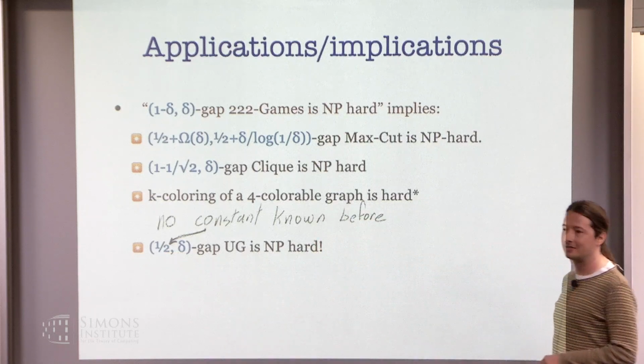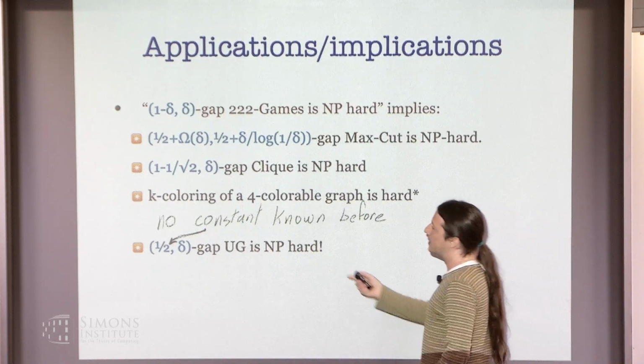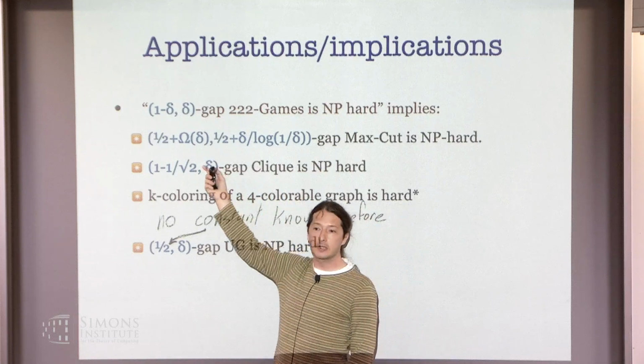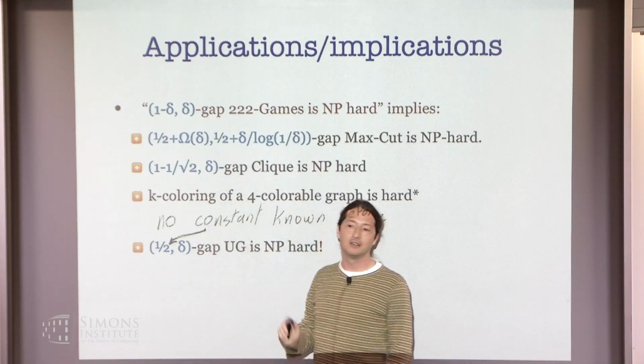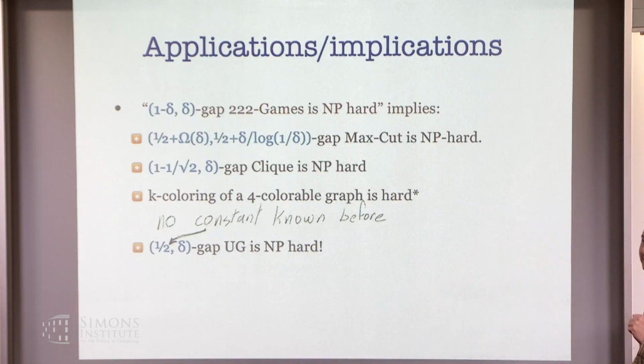Yes? You say less than optimal. I mean, we don't know, right? This could be optimal or no? Sorry, what is less than optimal? You know, for the gap clique, for example. It's less than optimal in the sense that if you assume the unique games, you get something stronger. Right. Less than the theoretical optimal. Yeah, it might be.